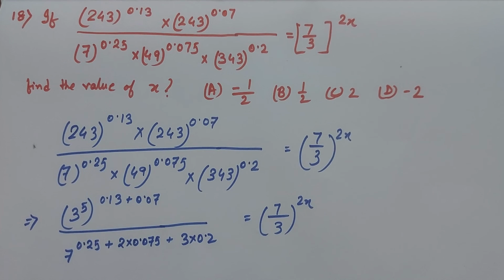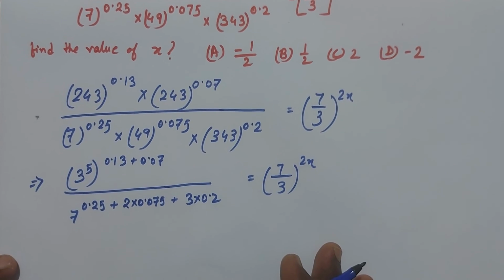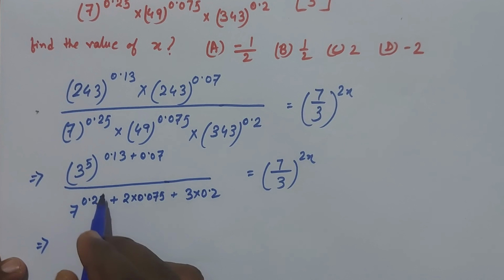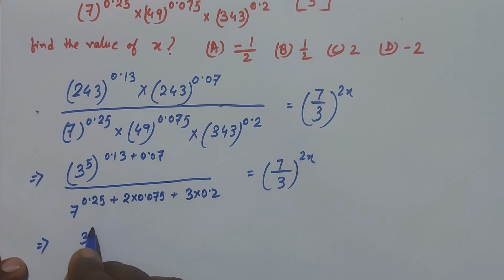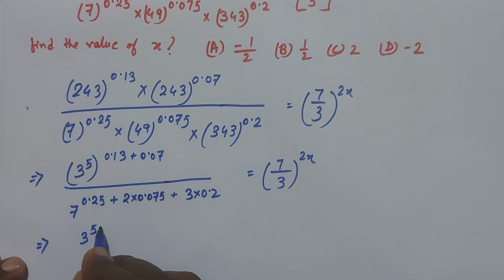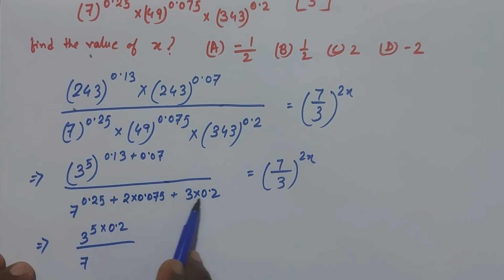Now if you further solve this, you will get 3 to the power 5 into 0.2 divided by 7 to the power 0.25 plus 2 into 0.075 plus 0.6, and you will get the result 1.